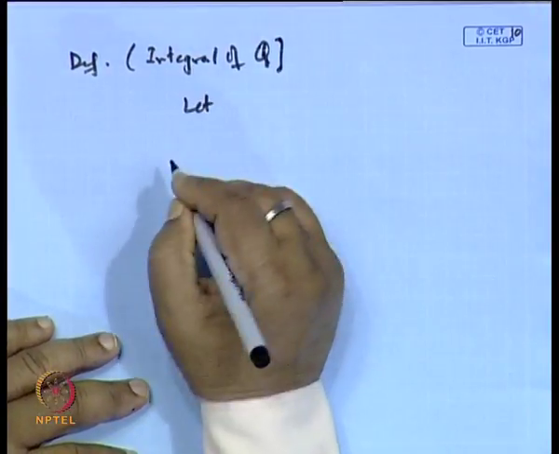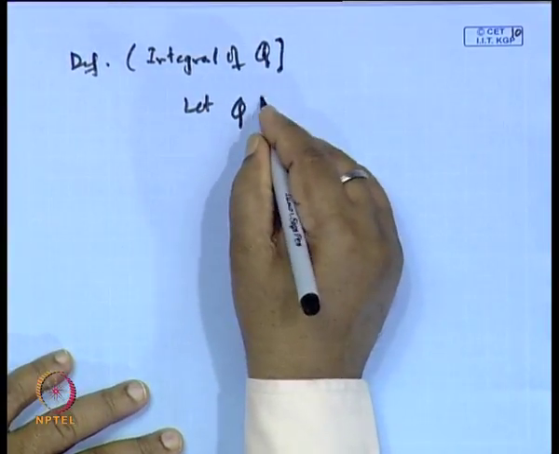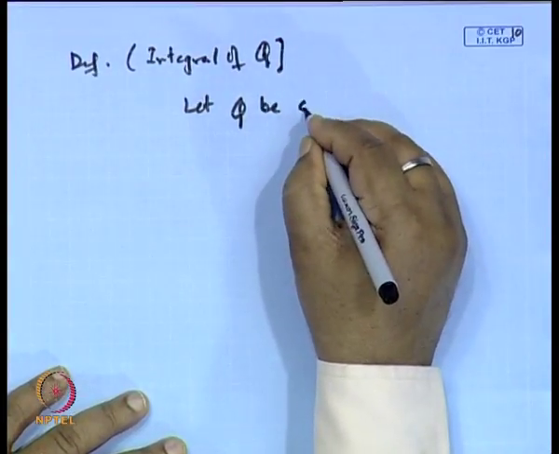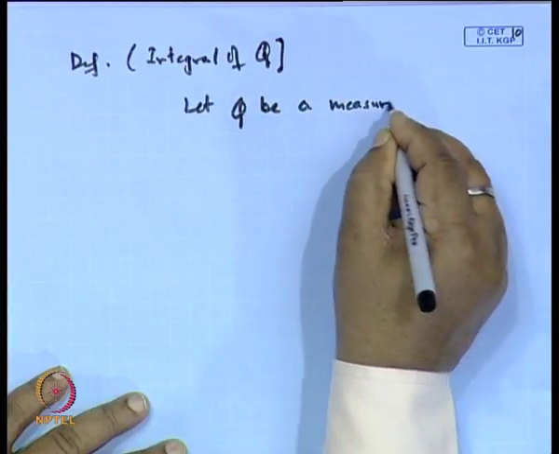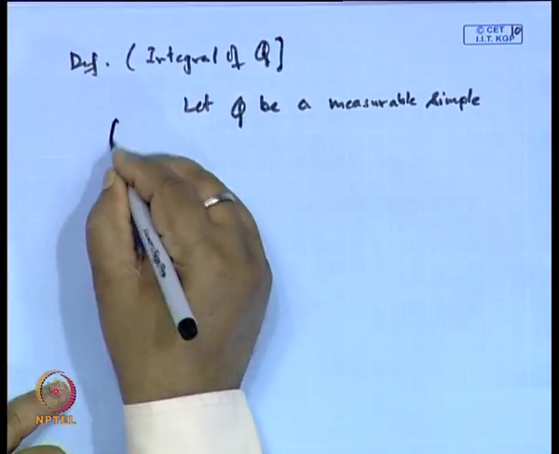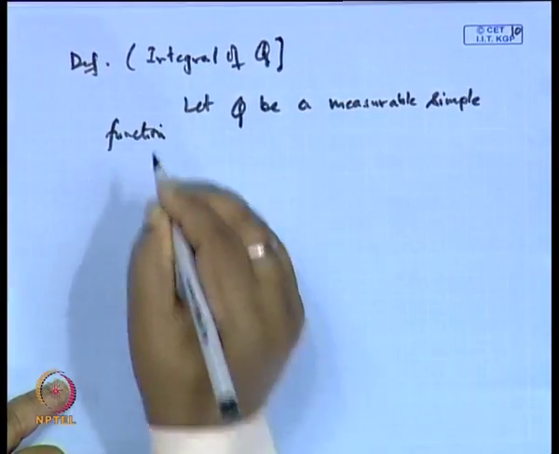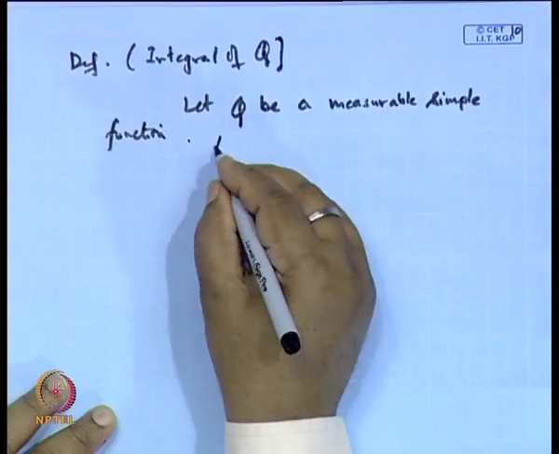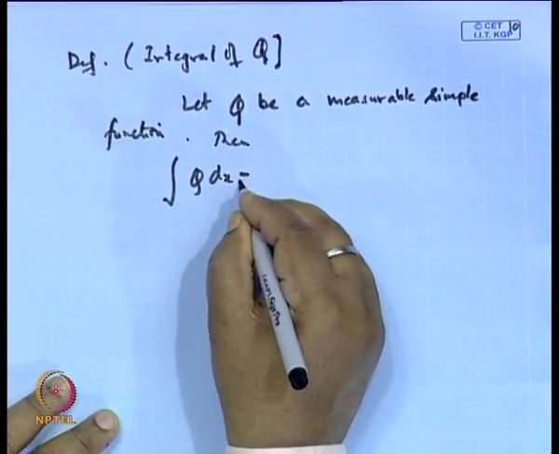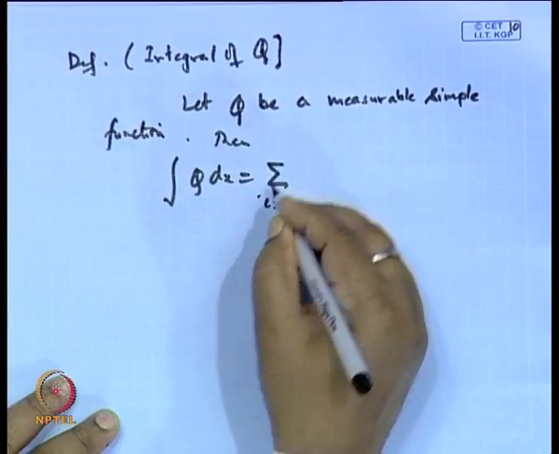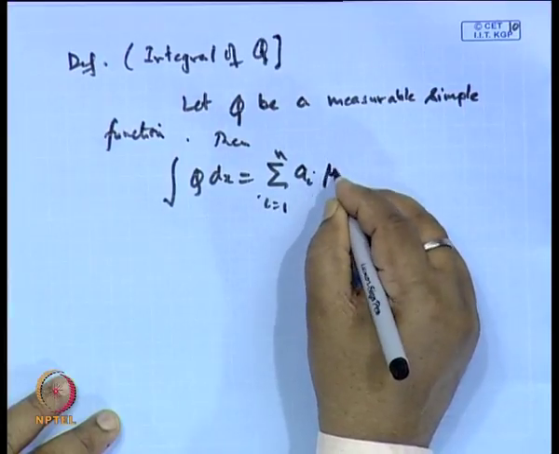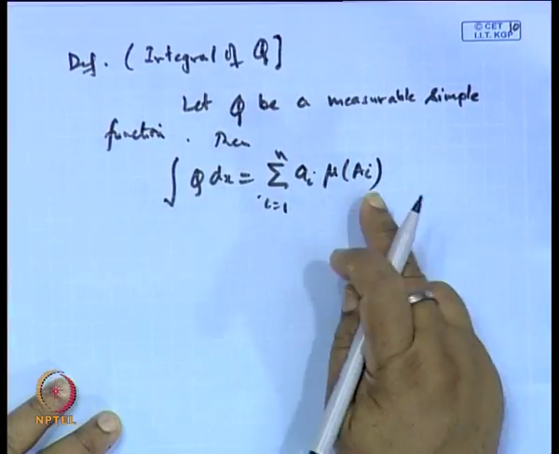Let phi be a measurable simple function, then the integral of phi dx is defined as the sum, i is 1 to n, a i into measure of A i, because A i is a measurable set.